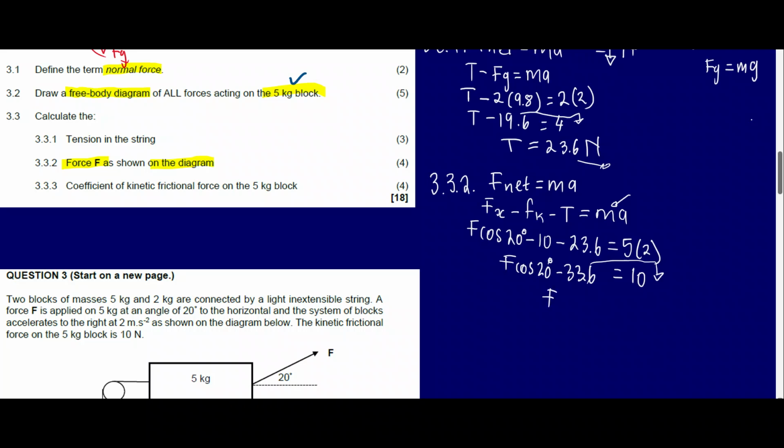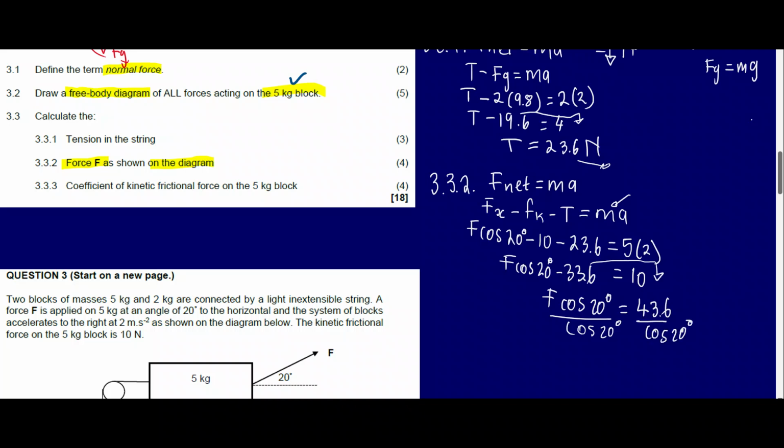33.6, so it will give you the value of the F cos 20. You'll be left with F cos 20 on the left hand side with 43.6 this side, right?